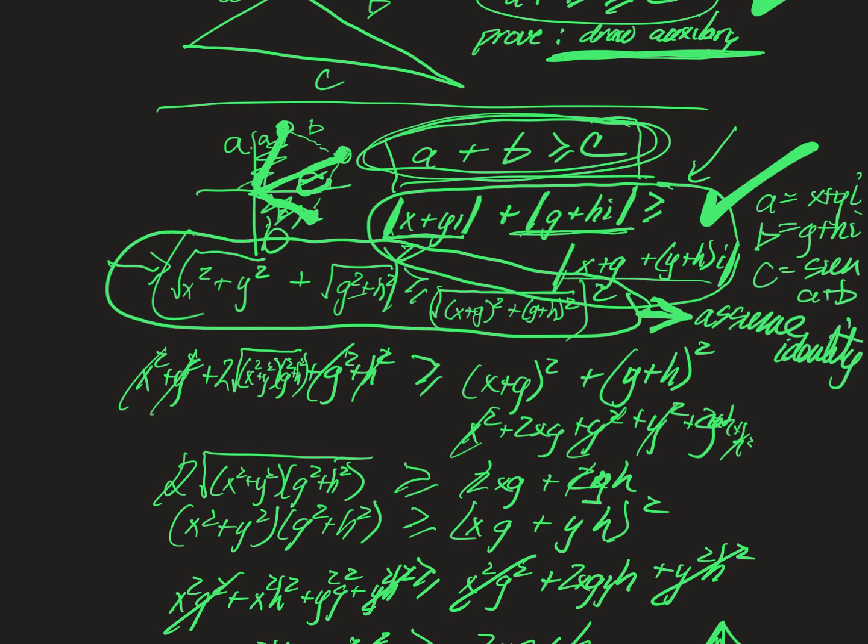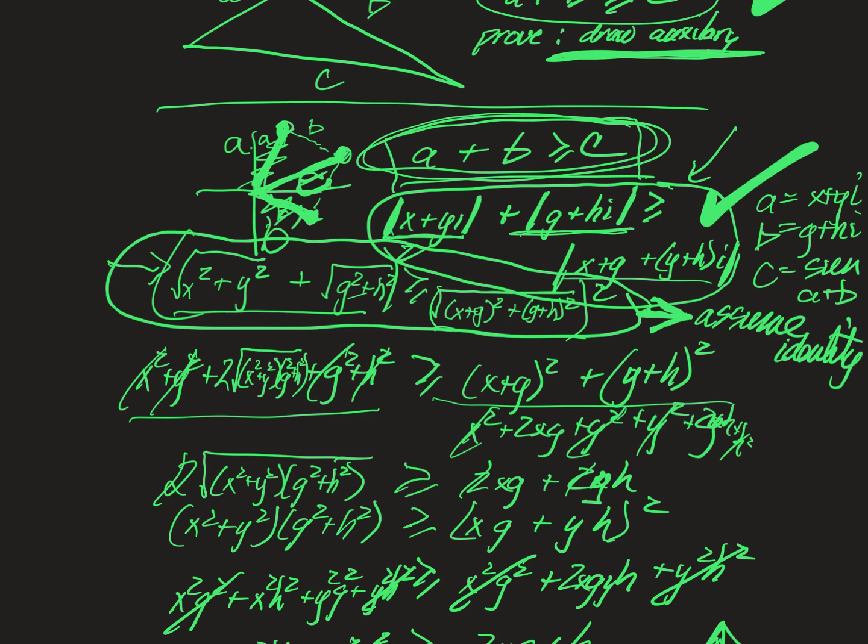If it does, then that means I could do the work backwards, which means the triangle inequality is true. And so the way I do that is I square both sides first. When I square both sides, I get these two things, okay?